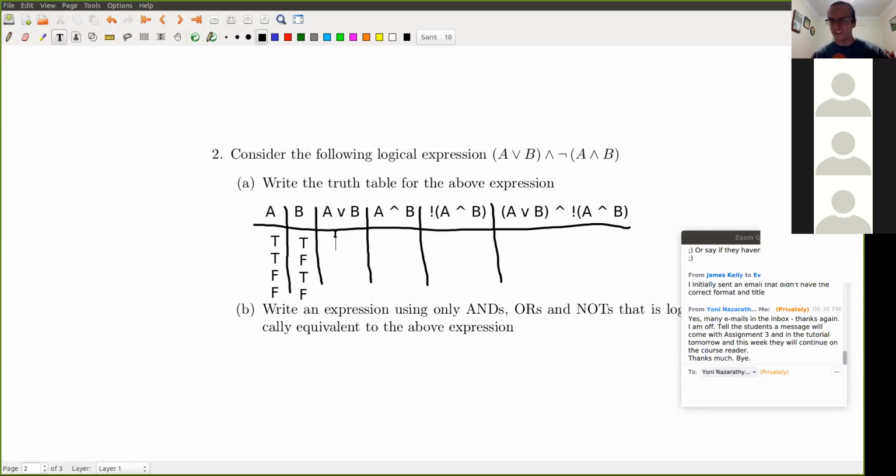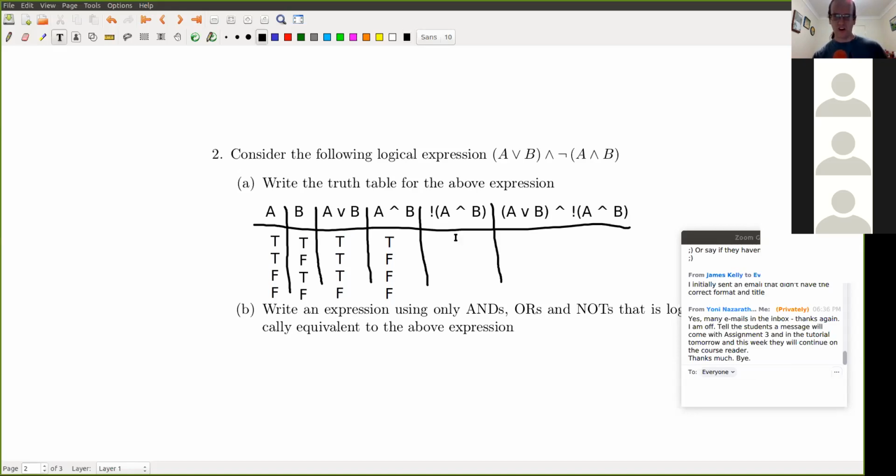As I said, I'm going to write this up nicely for you guys. So A or B: that's true if A is true or B is true, so true, true, true, and the only one that's false is the bottom one. When we do and, we get true, false, false, false.